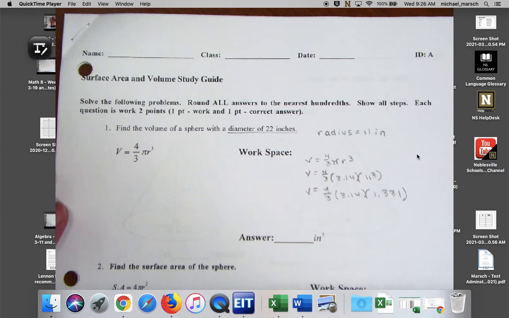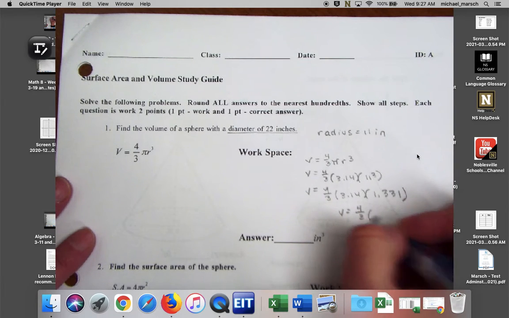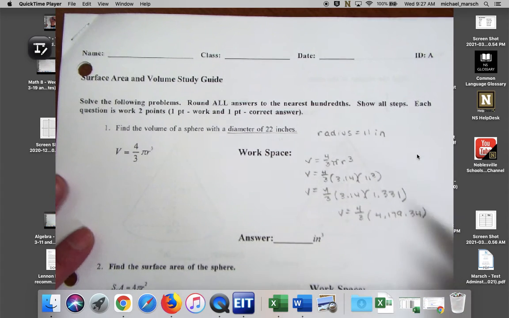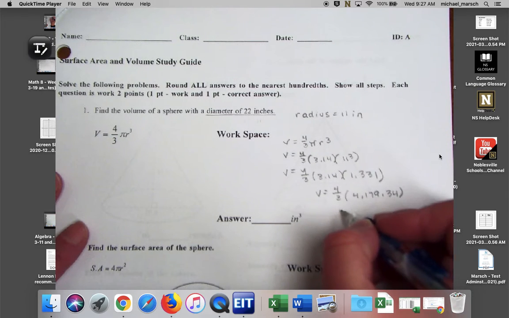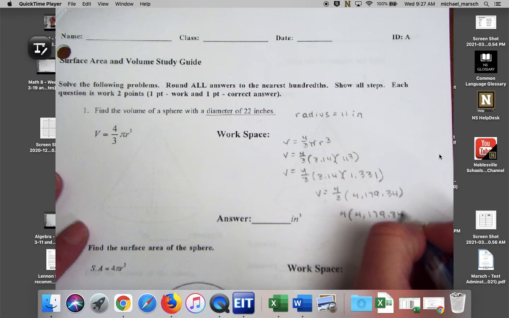So then I'm going to take that 1,331 multiplied times 3.14. And now I have volume equals 4/3 of 4,179.34. So then remember, the way to take care of this 4/3 is I take 4 times 4,179.34.